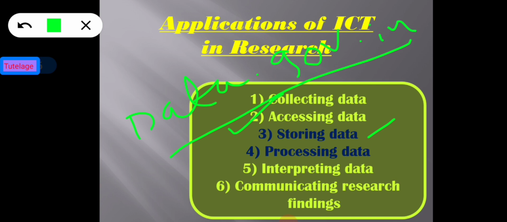Data can also be saved on cloud servers, and then it can be accessed from anywhere with login credentials. Software can also be used for cleaning data and removing errors. So that's why storing is important, and ICT has an important application in storing data also.